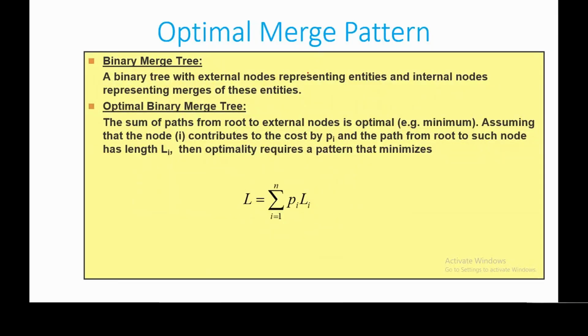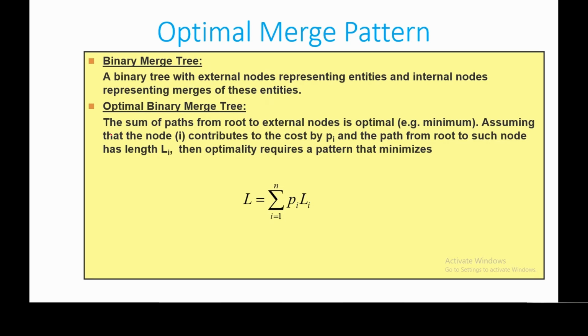The optimum one is the one whose root has the minimum value, which represents the total number of moves. So we are just finding the optimal solution. It is a kind of optimization problem. For this merging process we can have several feasible solutions, but out of them we need to find the optimum one.